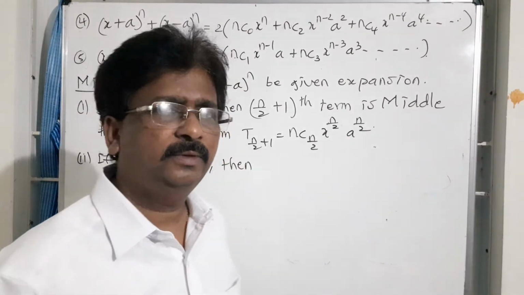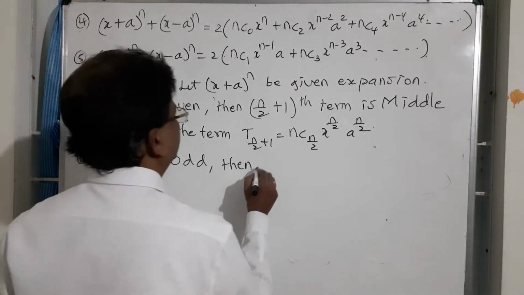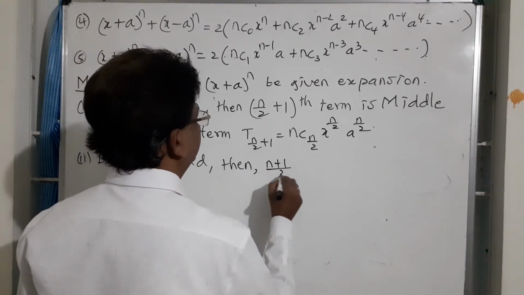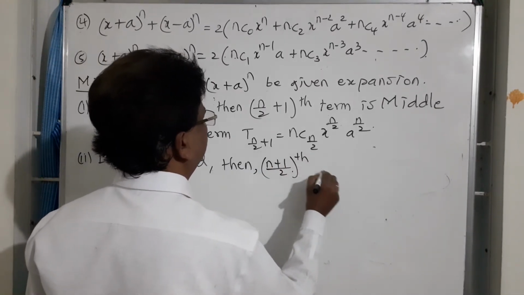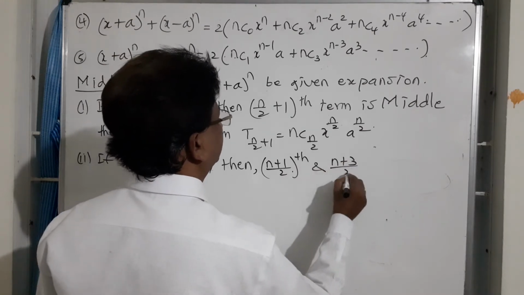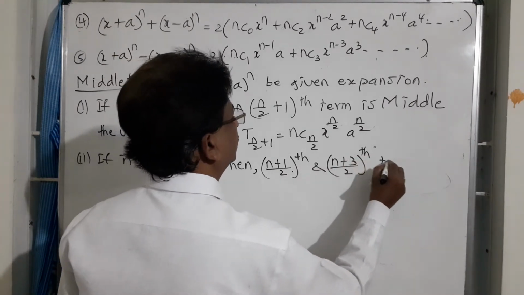(n + 1)/2 and (n + 3)/2. Then the ((n + 1)/2)th term and the ((n + 3)/2)th terms are the middle terms.